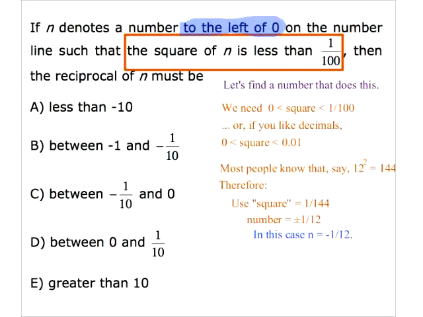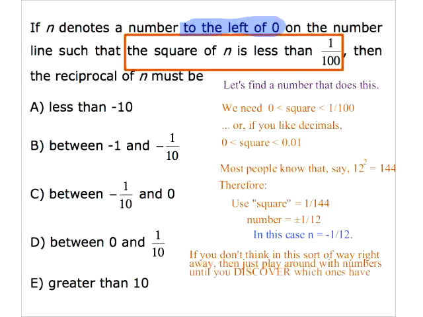And then if you can't think of this, if you don't think in this sort of way right away, then what you should do is just play around with numbers until you discover which ones have squares in this range.